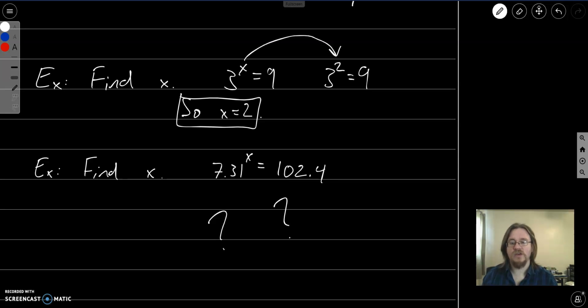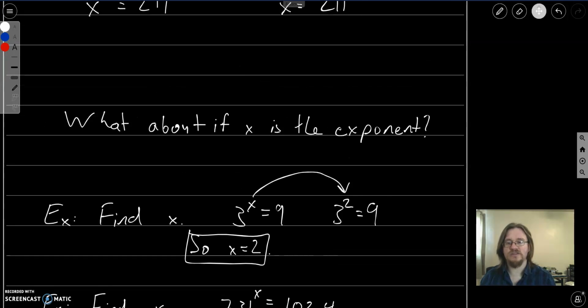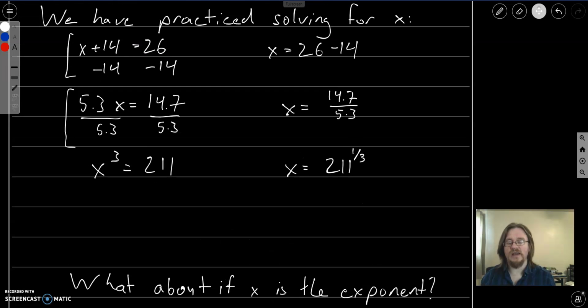And luckily, we have a way to undo raising something to the x power. There's a nice way to bring x down so that it's not in the exponent anymore. So just like up here, where we can subtract 14 to undo adding 14, we can divide by 5.3 to undo that. We can take the third to the other side and raise this to the 1/3 power. All of these allowed us to figure out what x is.